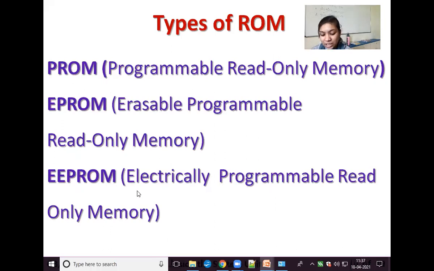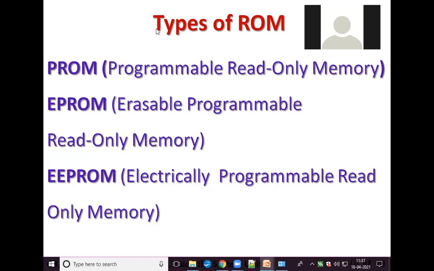EPROM and EEPROM can be erased and reprogrammed multiple times. What did ROM do? It could not be changed. But in these types of ROM, EPROM and EEPROM, you can erase the data and change it. These are the types of ROM.